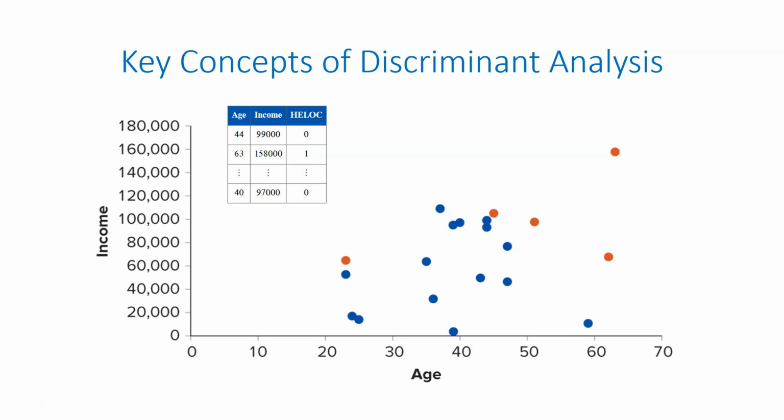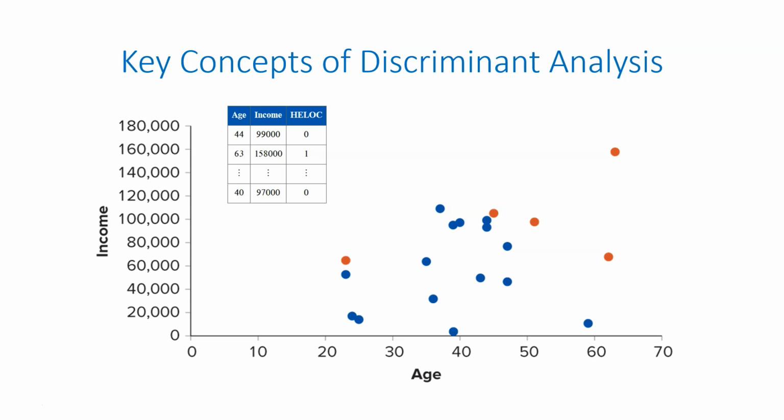Now let's look at a relatively simple example to help you better understand these concepts. I have a small data set here that contains 20 records that are plotted on the scatter plot in this slide. The 20 records are 20 existing bank customers who were reached out by the Sunnyvale Bank about a home equity line of credit, or HELOC, offer.